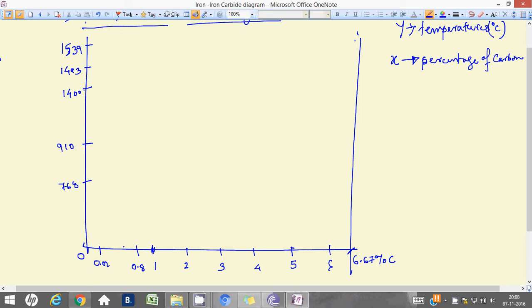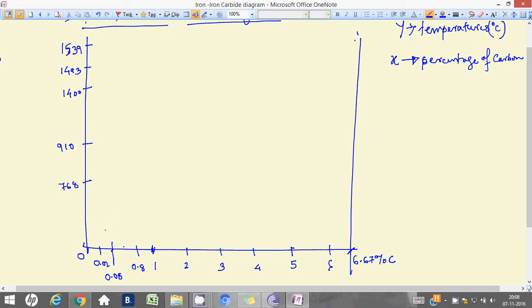What we will do, we will take a certain point. Let us suppose this is our certain point, which is 0.008.